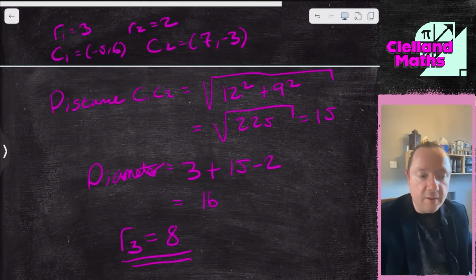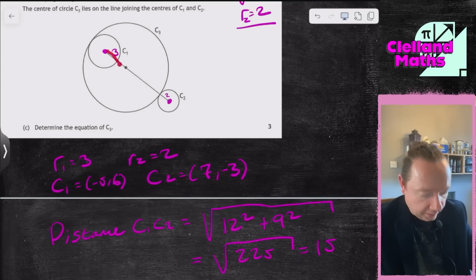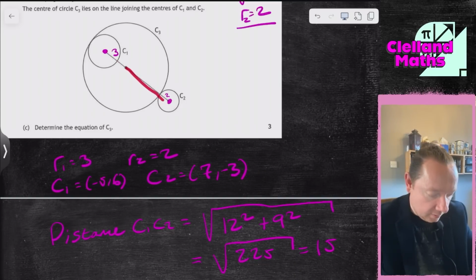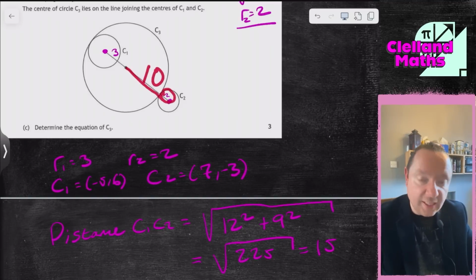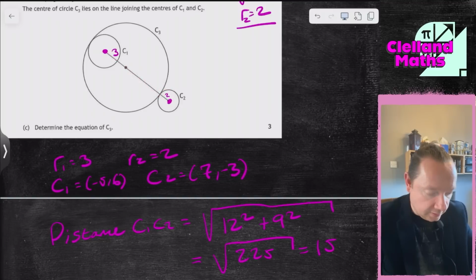So I've got one bit of the information now. This whole line, we know that this bit's 8, and then we've got 2 extra, so that's 10. And what about the other side of that line? Well, the distance between centres is 15, so that must be 5. So it must be 5 and 10.